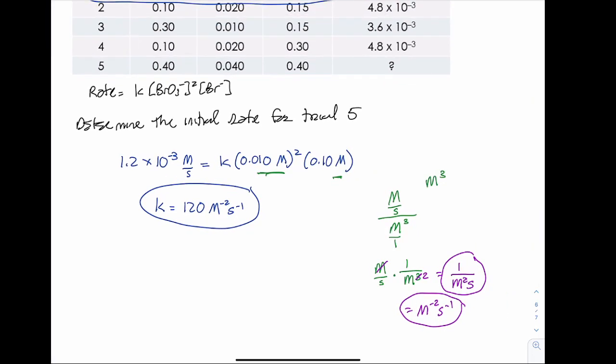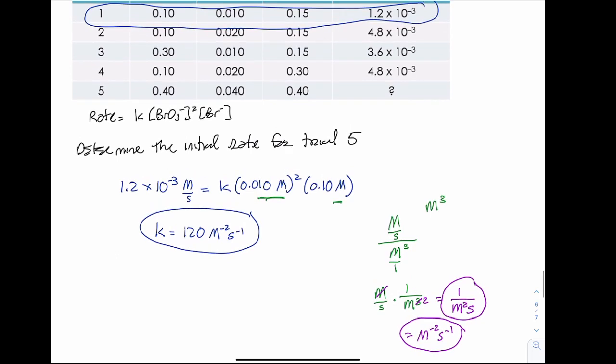We're still not done with the problem because we need to solve for our rate for trial 5, but we now have our rate constant to plug into our problem. So back to trial 5. I'm going to use my rate law again, and I'm now going to plug in those numbers. So this time we're solving for rate. That's my unknown.